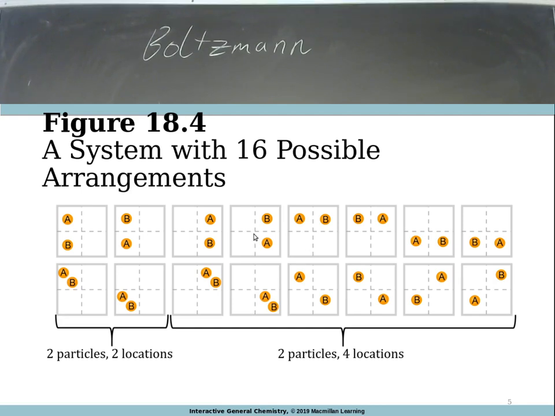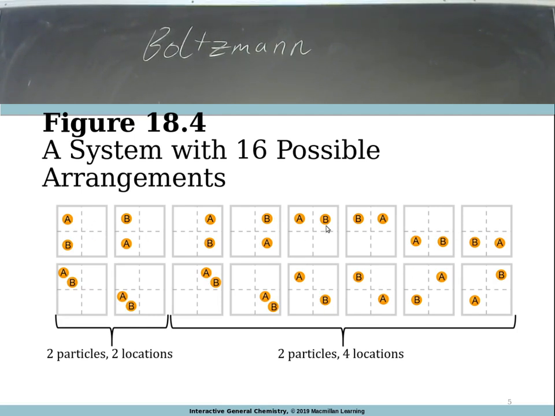Now let's look at different microstates for a system which has 2 gas particles. Here they're labeled A and B, and those particles are in a chamber that has 4 sides to it, and so they could be both in the upper left corner, both in the lower left corner, both in the upper right corner, both in the lower right corner, or they can be partitioned in these different ways.